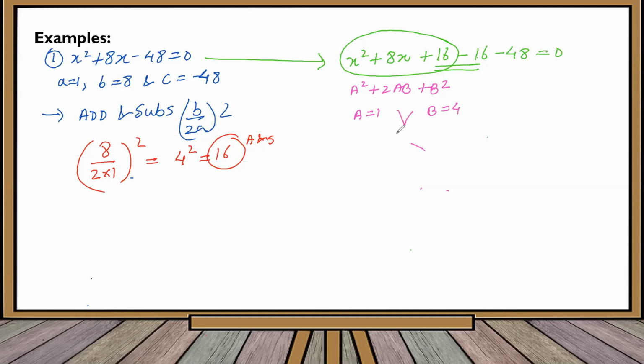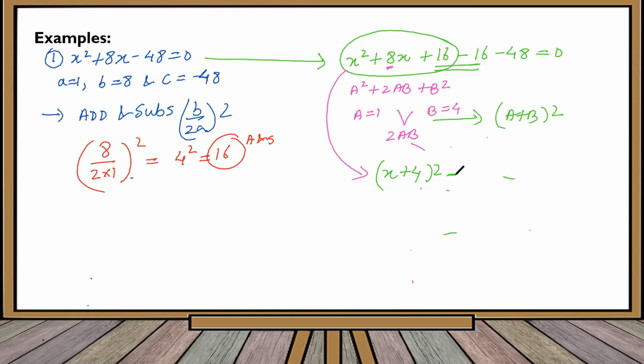And the middle term 2ab, so 2 into 1 into 4, that is 8, right? So we will generalize these first three terms as x plus 4 whole square, because this entire thing will be a plus b whole square, right?